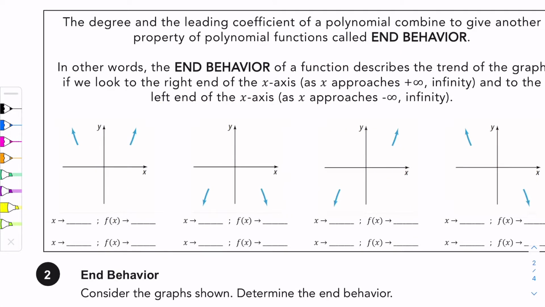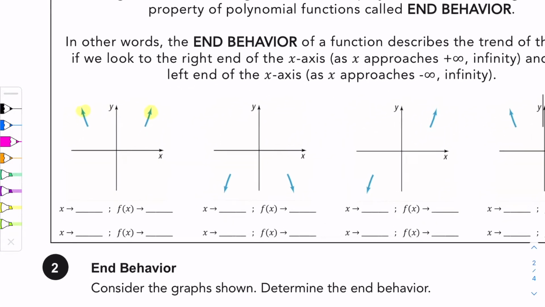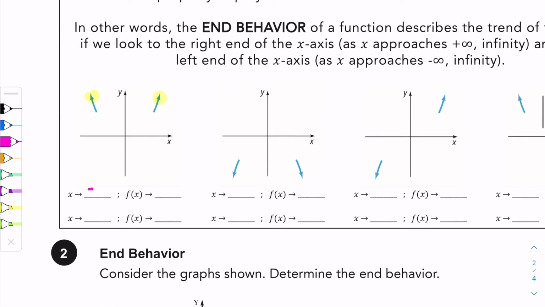So for the first set of end behavior, we're going to look at the two ends, which both head up. But to write the end behavior, you are going to start with as x heads towards positive infinity. And on the graph, x heading towards positive infinity is this way.